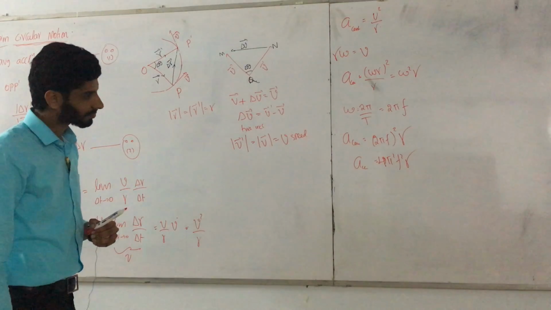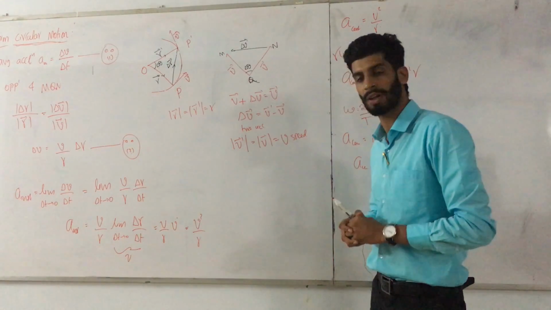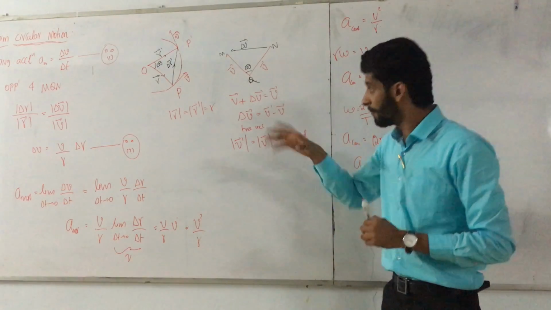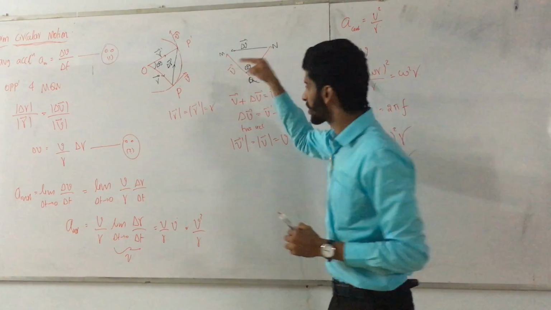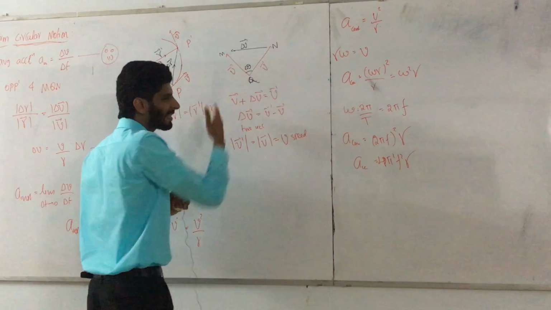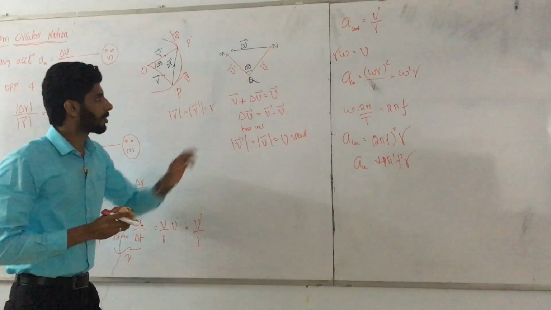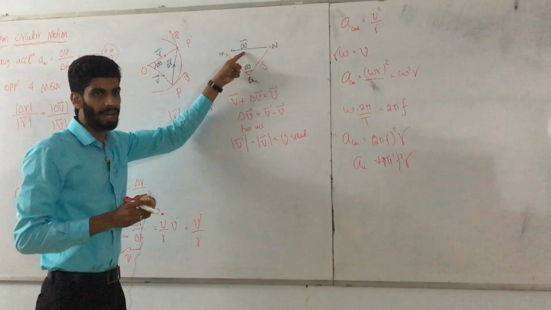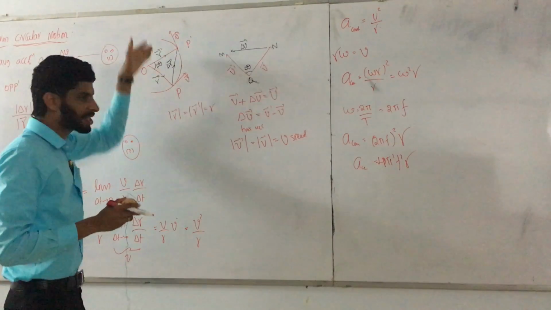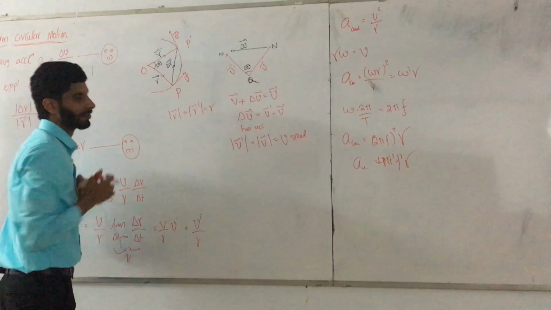That's nice. Now, I have to tell you what is the direction of the centripetal acceleration. That's more important. Before that, I have to find out the direction of this resultant velocity change, because if I got v and v dash, I've got v dash here. This resultant delta v is perpendicular to the displacement delta r, and is always directed towards the center of the circular path.